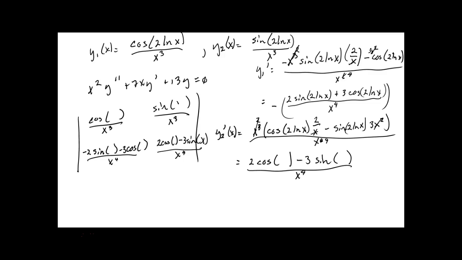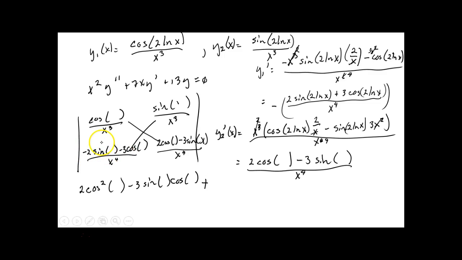So, here's how you do a determinant of a 2 by 2. Easy. Okay? You do the product of the down diagonal. I say easy. That's going to be 2 cosine squared of that thing minus 3 sine of that thing cosine of that thing, minus the product of the up diagonals. That's going to be a minus, but this has a minus here, so I'm going to make that a plus.